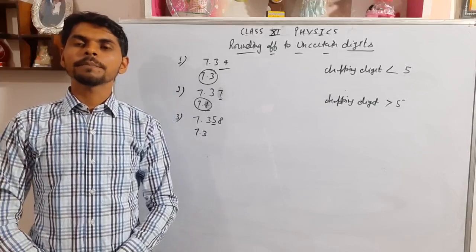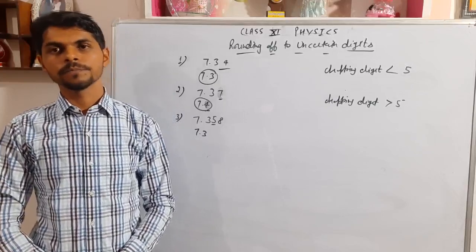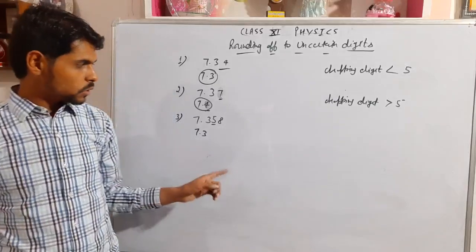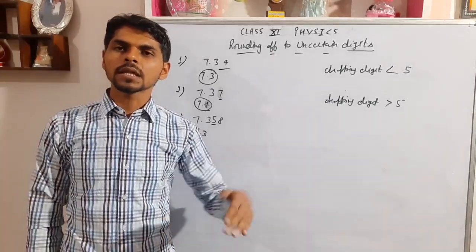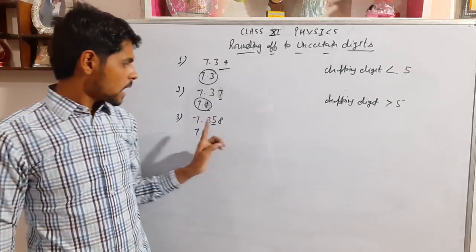So what will happen if the dropping digit is 5? If the dropping digit is 5, you have to look at the following digit after the 5.